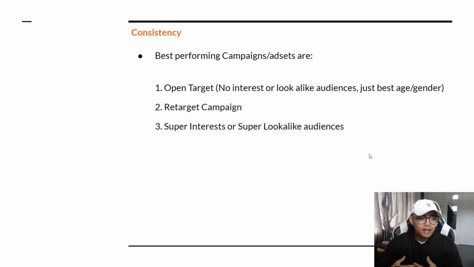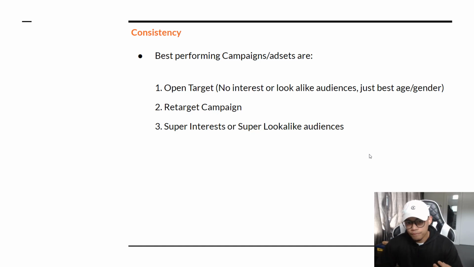And the third best performing campaign ad sets that worked really, really well for me were super interest or super lookalike audiences. If you don't know what super interests are or super lookalike audiences, basically you're gonna be putting your best interest in one single ad set, or your best lookalike audiences.